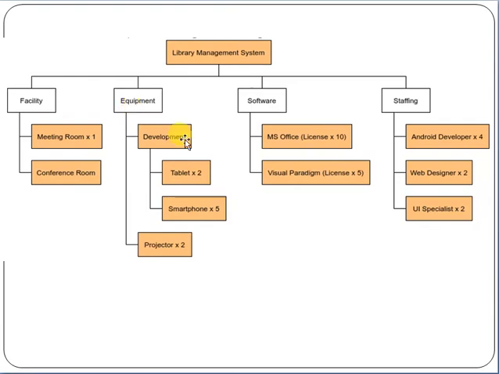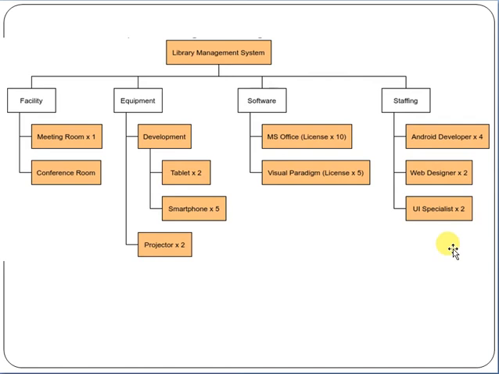Equipment means smartphones, tablets, and projectors that are available. Software means MS Office, Visio, Microsoft PowerPoint, Microsoft Word. In the staffing, there are Android developer, web developer, UI specialist, Java developer, these types of staffing.